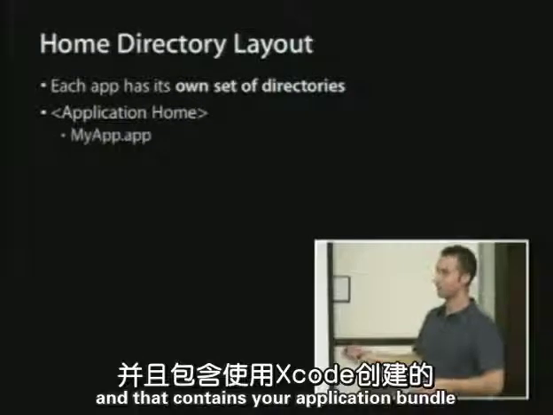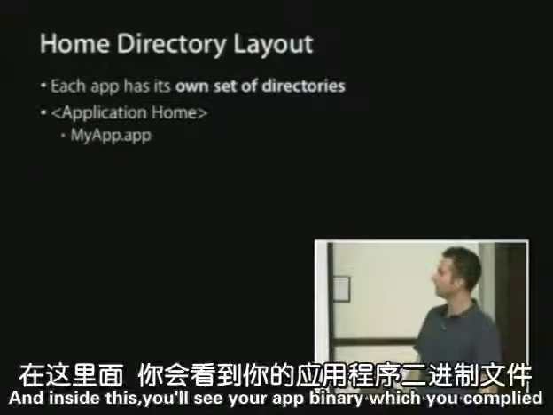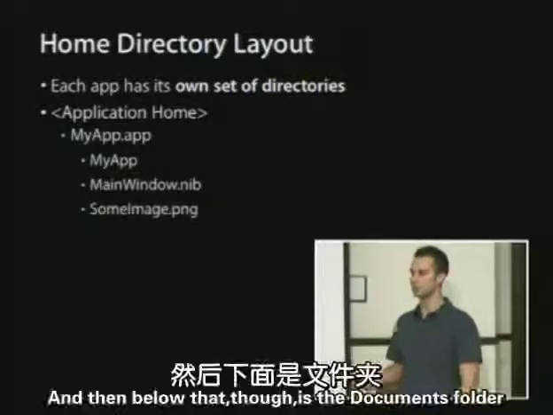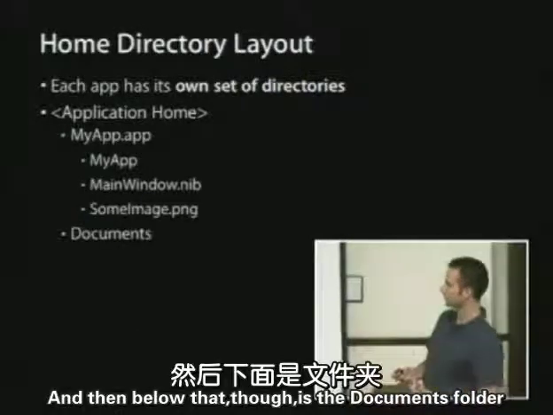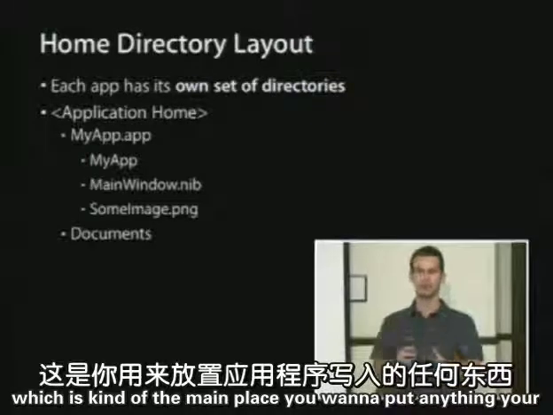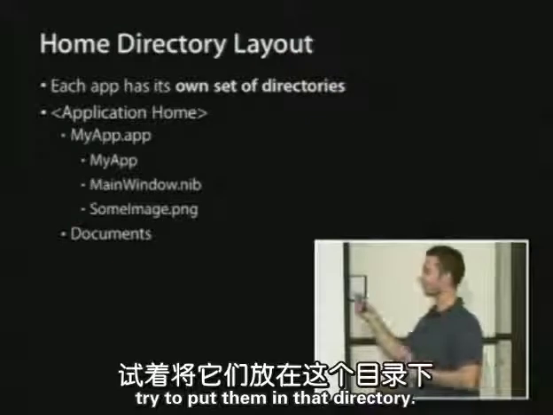And that contains your application bundle that you built with Xcode or downloaded on the store. And inside this, you'll see your app binary, which you compiled, as well as any other resources like your nibs and your JPEGs. And then below that, though, is the documents folder, which is kind of the main place you want to put anything your application writes. So if you're saving out images and files, try to put them in that directory.